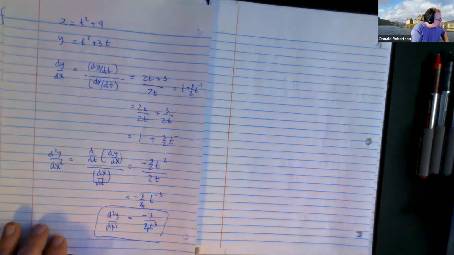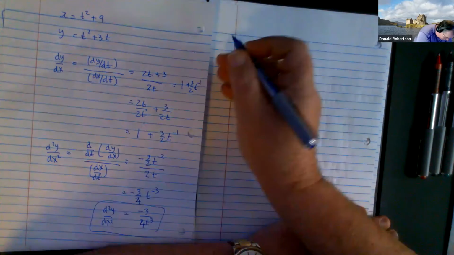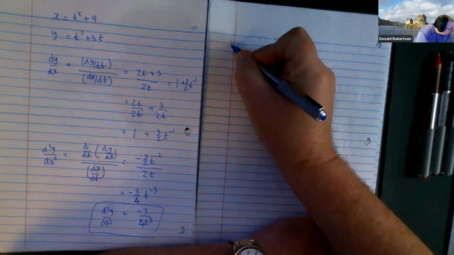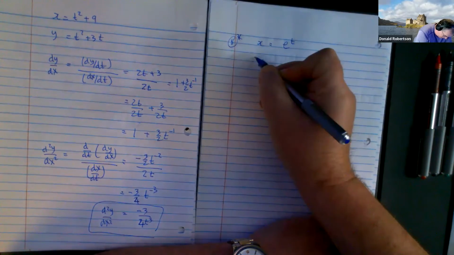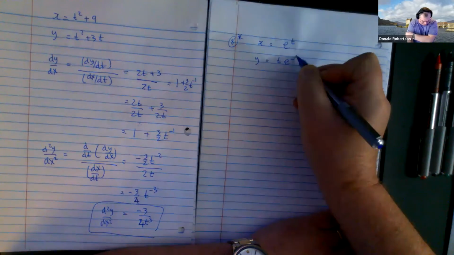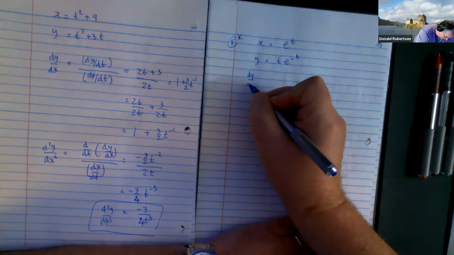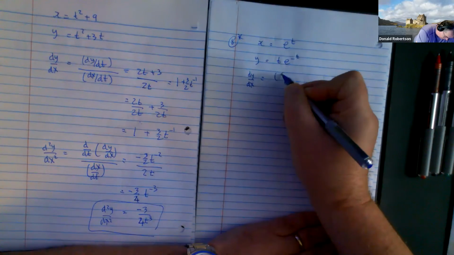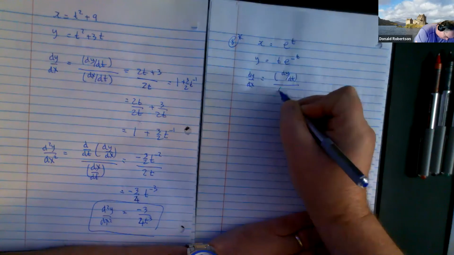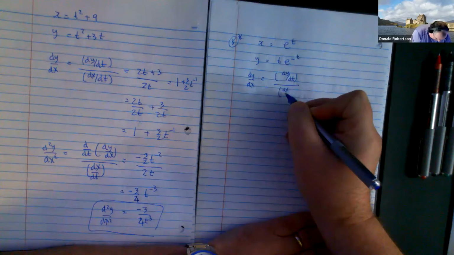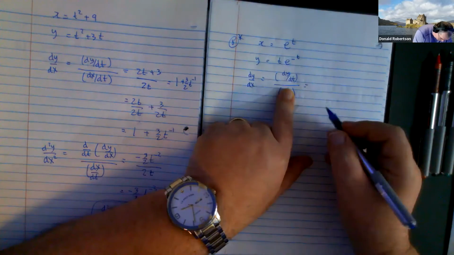Okay, let's do another one of these second derivatives. I might as well do this one. e to the t, e to the negative t. Got to find the first derivative. There's our standard formula. To find the derivative of this with respect to t, it's a little baby product rule.